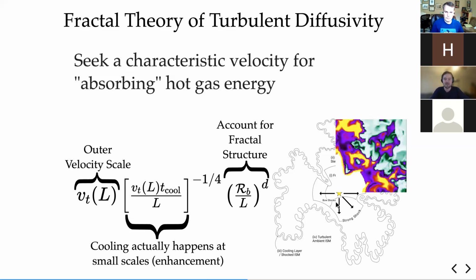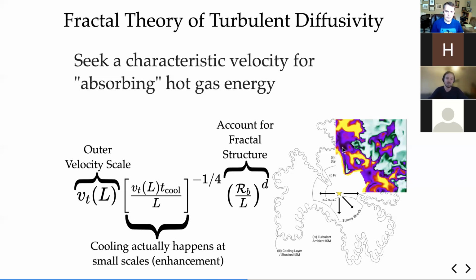You can imagine that if, instead of this complicated interface, you just had a sphere with a bunch of little eddies turning over on the cooling length, that wouldn't remove nearly as much energy as if you have cooling-length eddies happening all over this large fractal surface that's been instantiated by the larger-scale turbulent cascade.